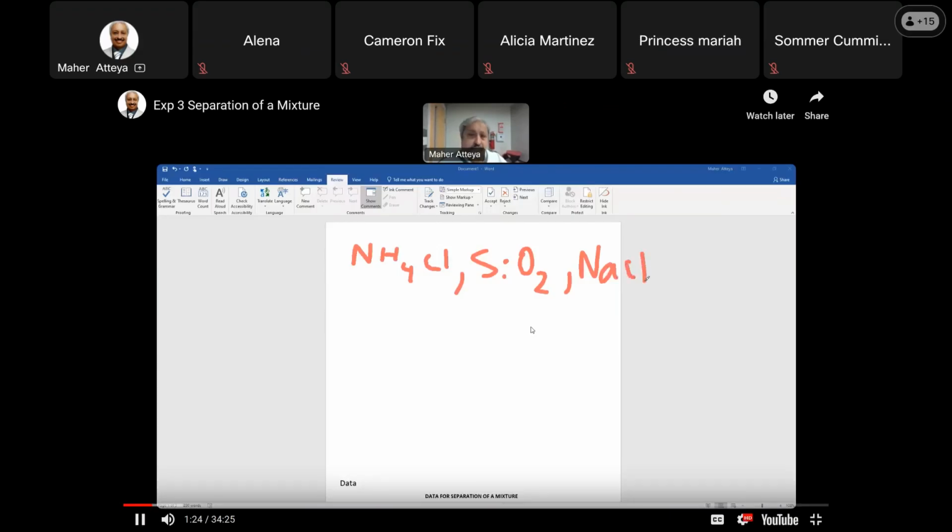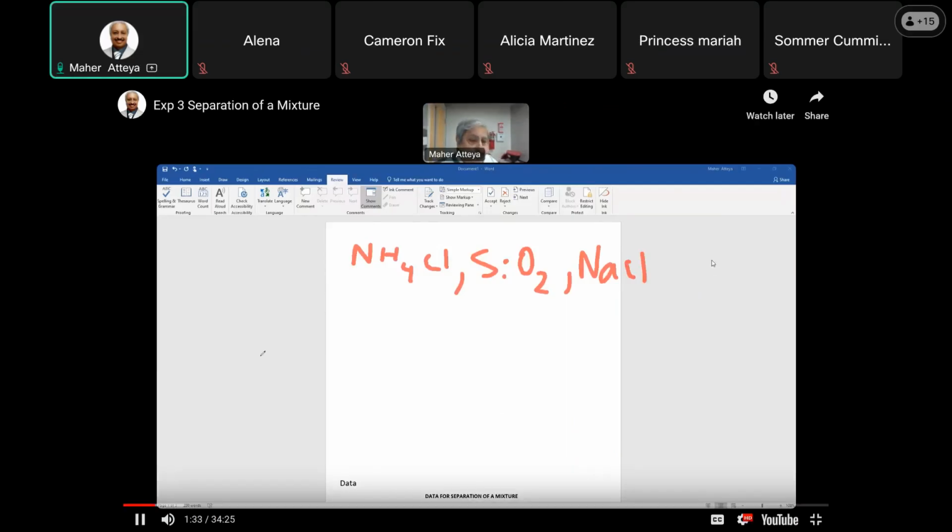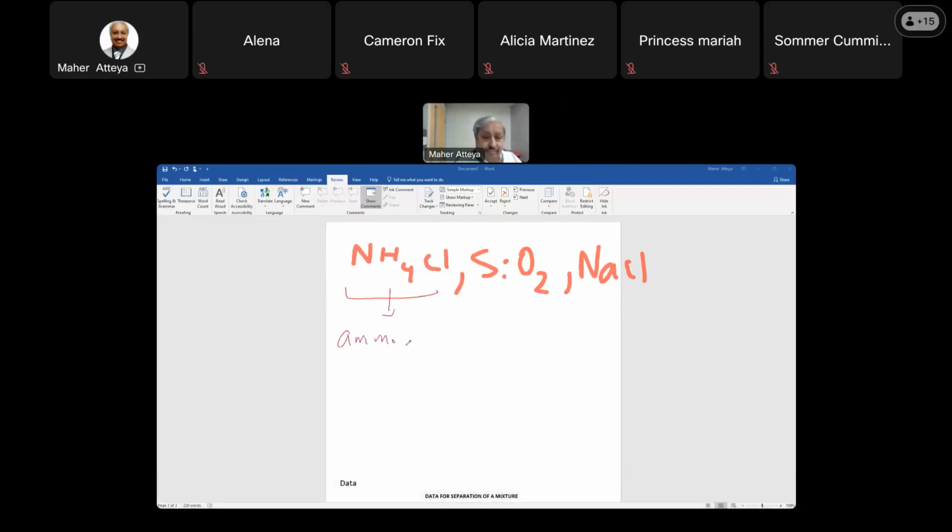So this is a mixture of three. Okay, so let me just change the pen here. This one here is called ammonium chloride. This one's called sand.